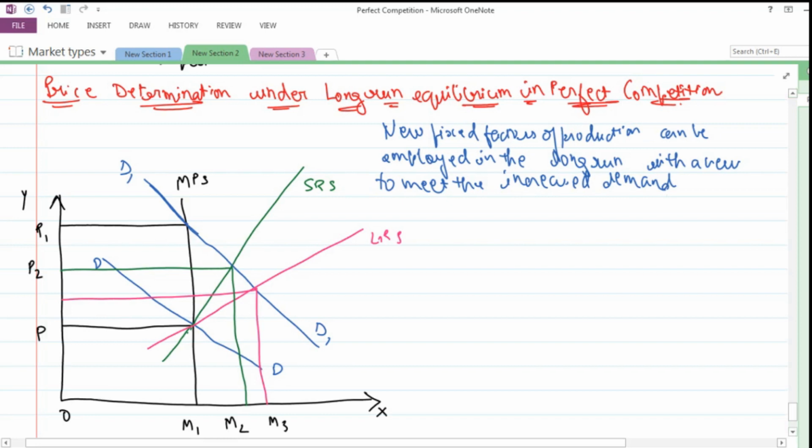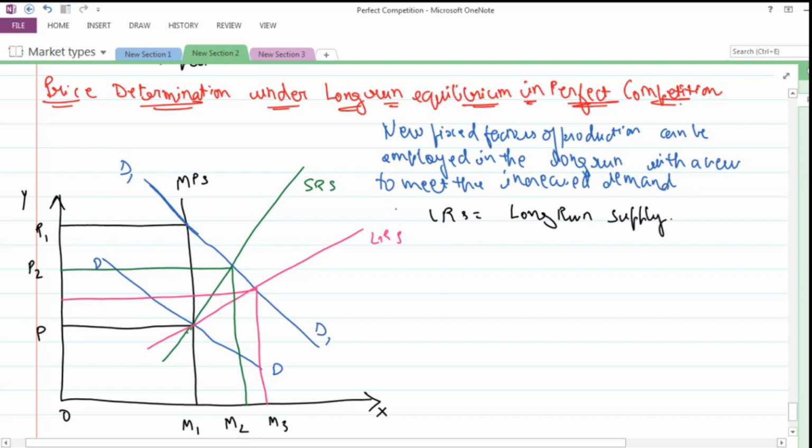So what we see is that LRS is basically the long run supply curve. LRS is equal to long run supply.